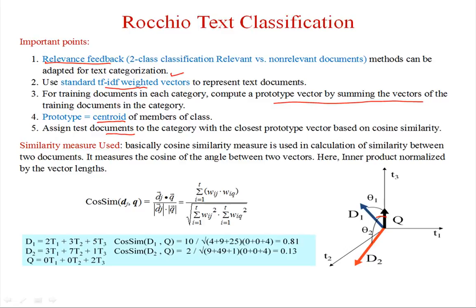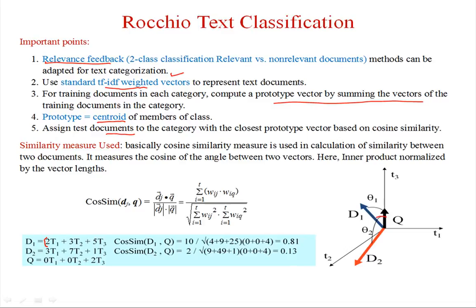This is document D1, where 2 is the TF-IDF score of term T1, 3 is the TF-IDF score of term T2, and 5 is the TF-IDF score of term T3. Actually, it is not a TF-IDF score, it is just a frequency representation of terms, but it will work in the same way if we use TF-IDF.